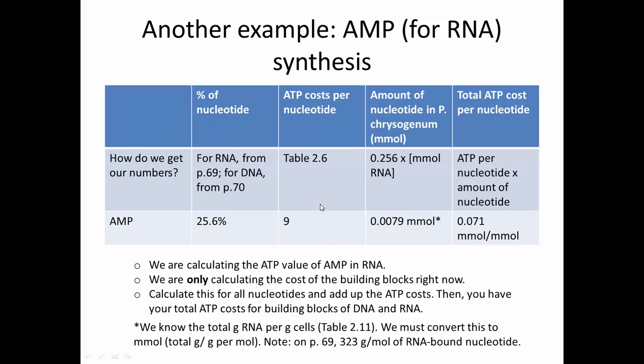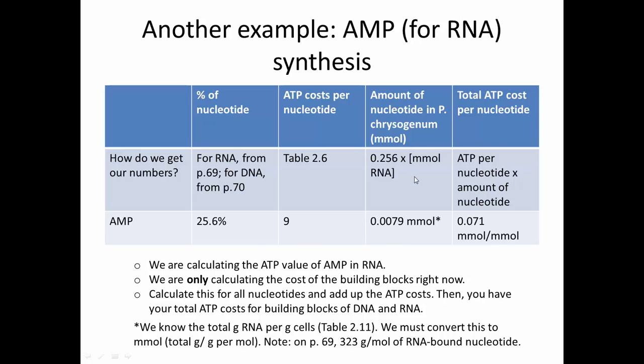Okay, let's look at a nucleotide, AMP for RNA. So we have AMP. We get our percentage of the nucleotide, 25.6% for RNA. We get our ATP cost per nucleotide from Table 2.6, 9 to make ATP.